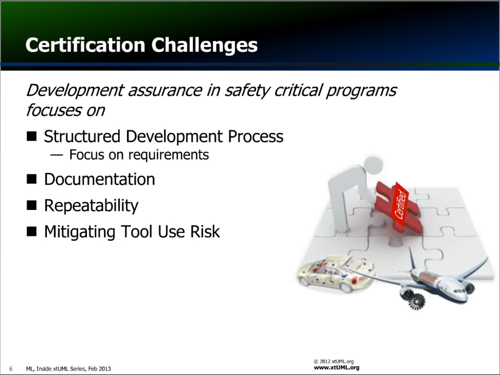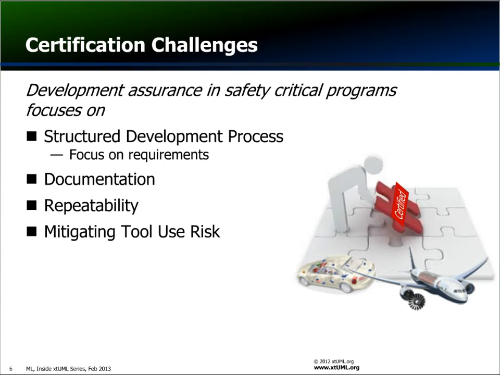This is assured in these sorts of programs through a structured and controlled development process, which focuses on the importance of requirements. It also involves documentation of the process itself along with the end product, and this really lays the foundation for a third goal in these flows, which is repeatability. A development process that delivers deterministic, repeatable results is really preferred over an ad hoc, non-deterministic approach to design.